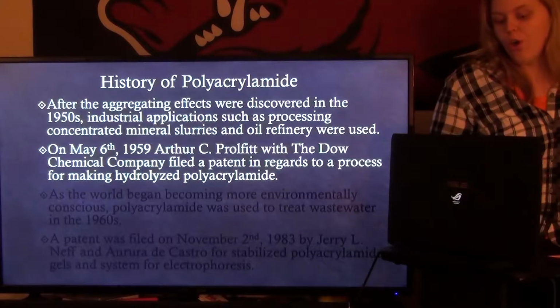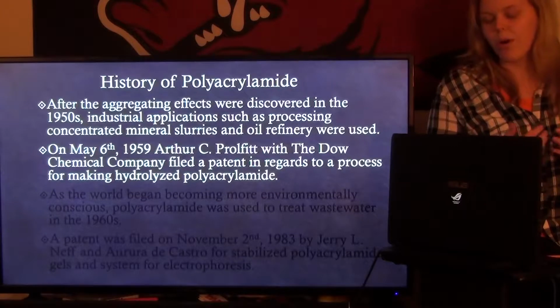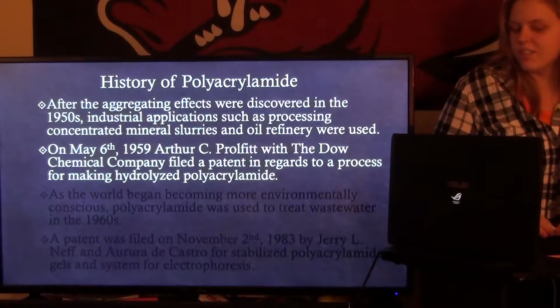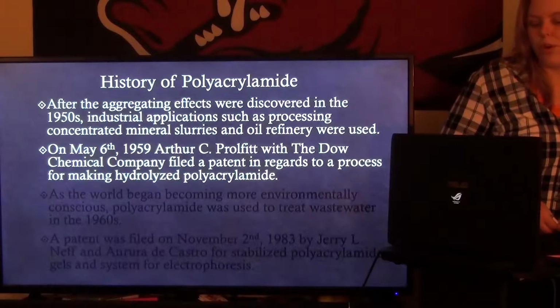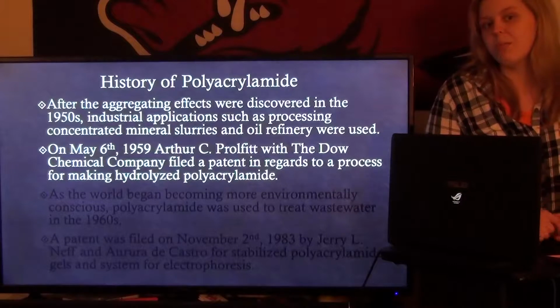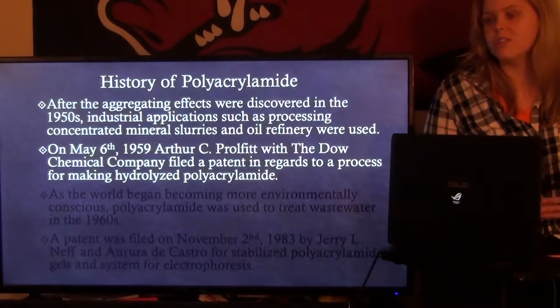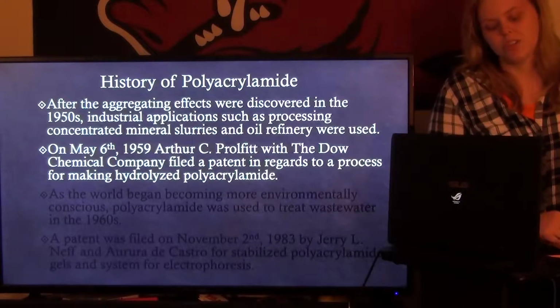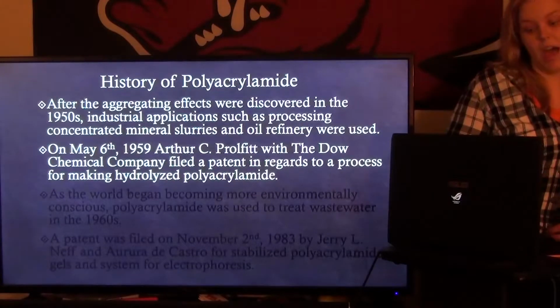So, who exactly made the process to make this? The first patent was in 1959 by Arthur Profit with Dow Chemical Company, and there have been many different versions and ways to make this polymer, but they are credited with being the first and having the first patent.